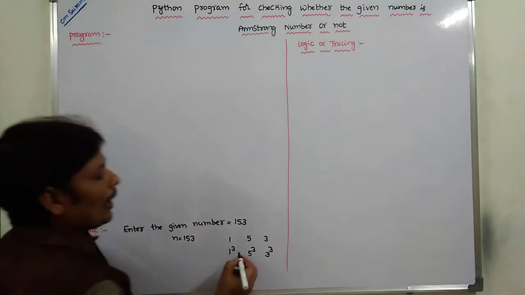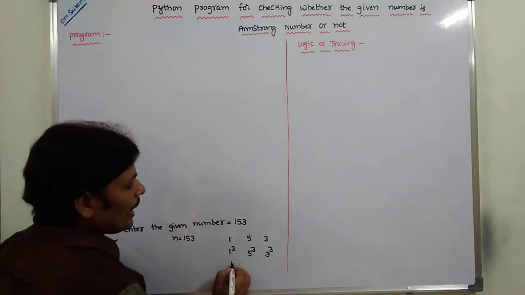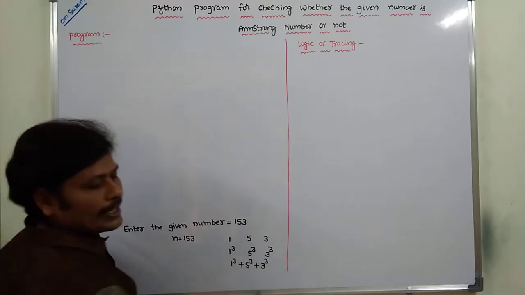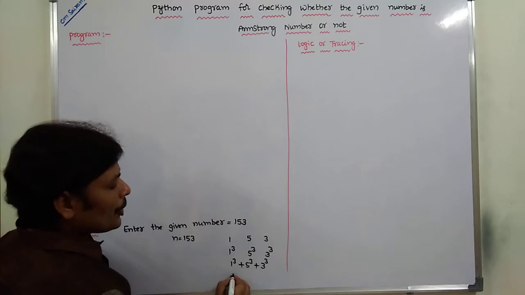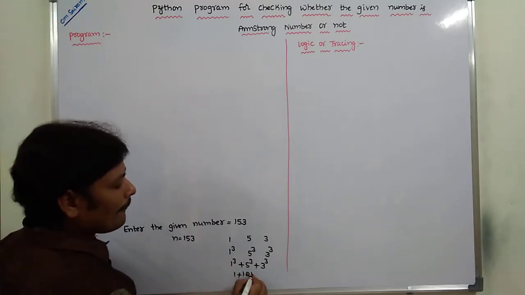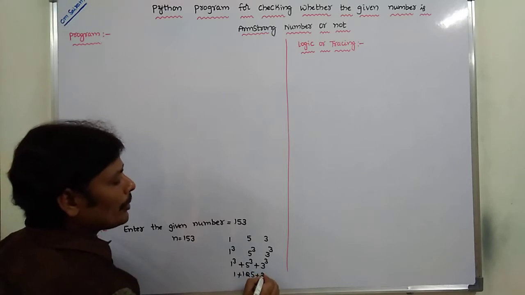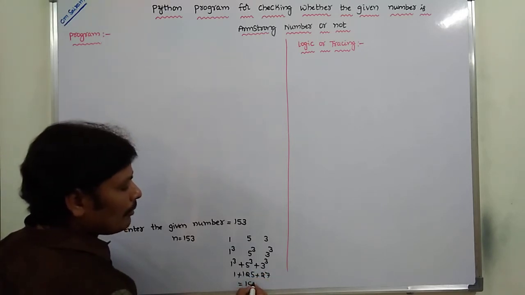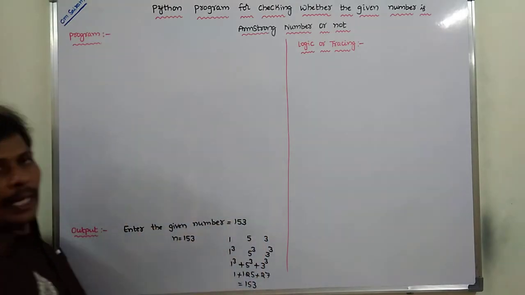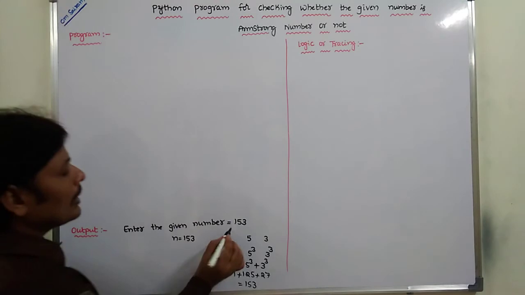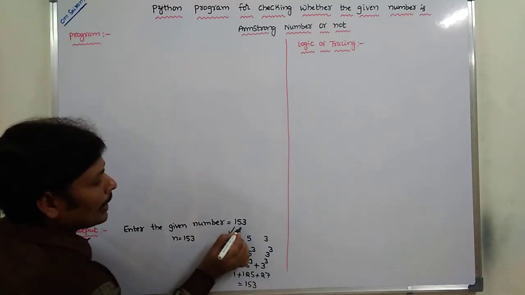After cubing, we are adding the results. So 1 cube value is 1, 5 cube value is 125 plus 3 cube value is 27. If this sum value is equal to the given number, then that number is called an Armstrong number.